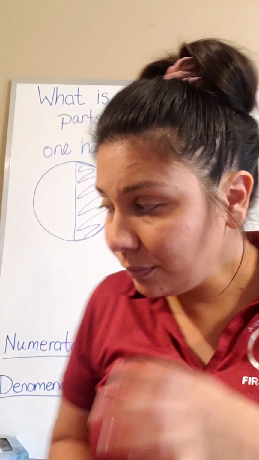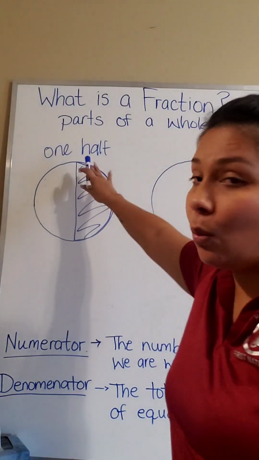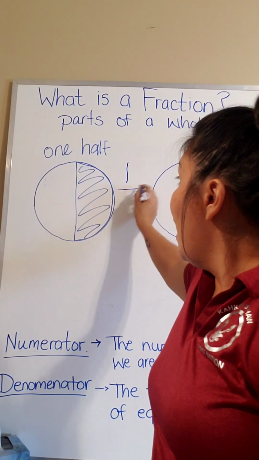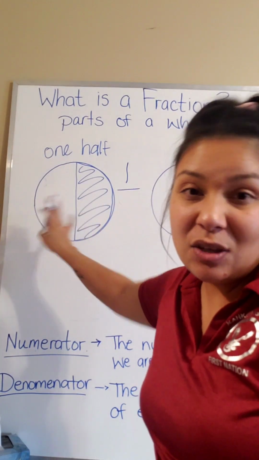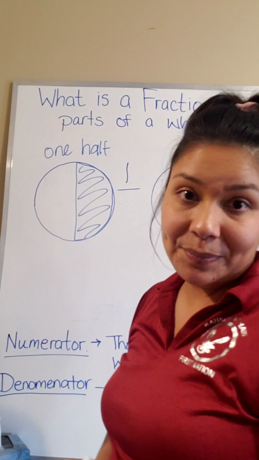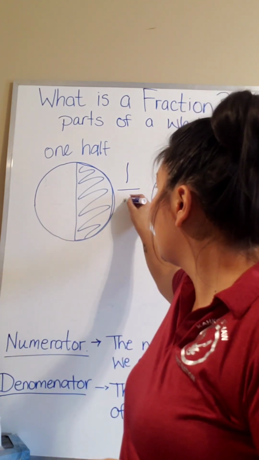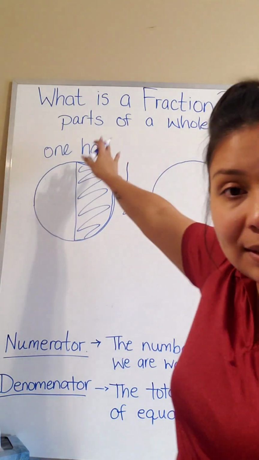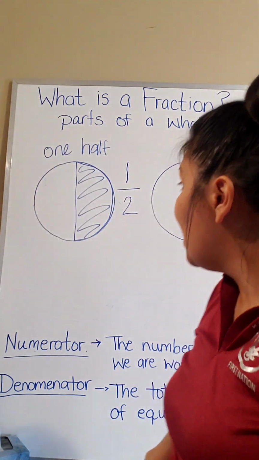Well, we were just talking about one piece, right? So we have 1. And how many pieces are there? How many of the same pieces are there? 2. Good job. So we have 1/2 is the same as 1/2.